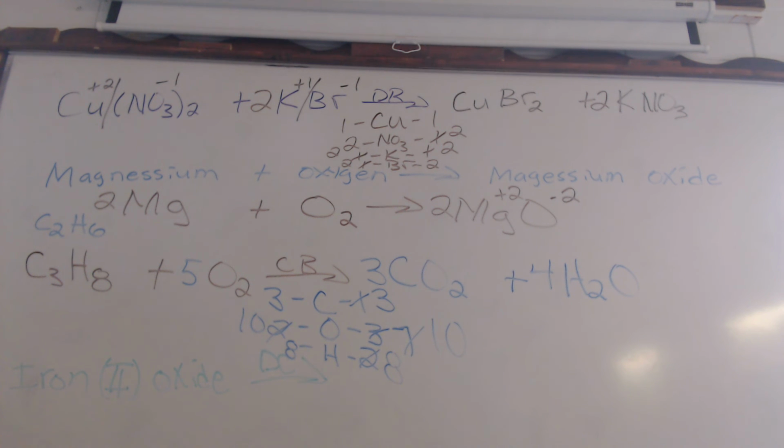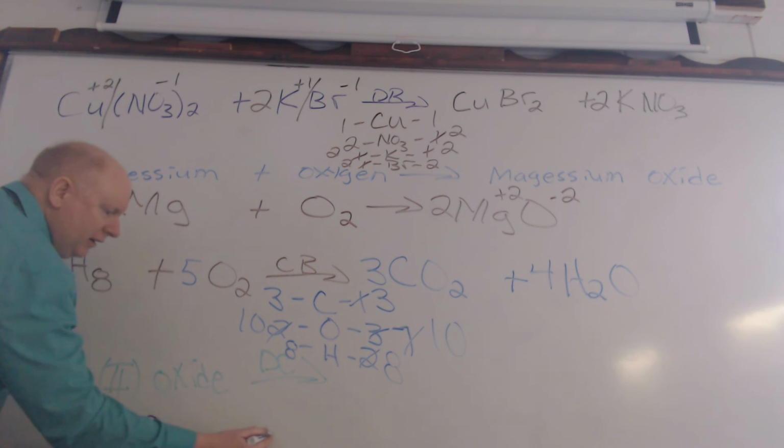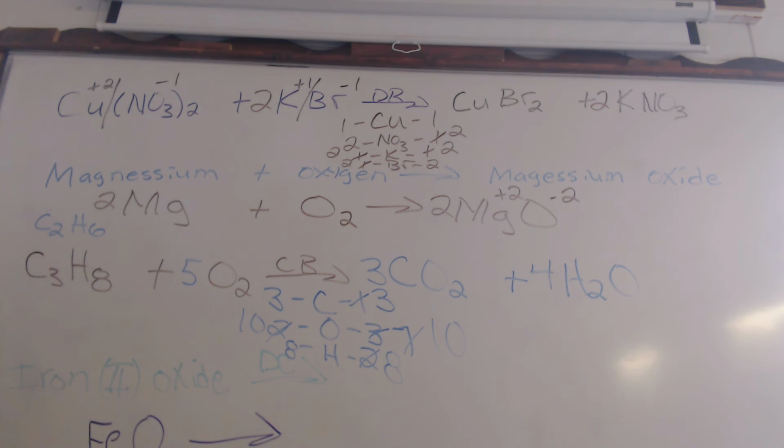So what that means is we need to write this out. What is the formula for iron 2 oxide? Iron is, okay, what's oxide? So what happens when things decompose? They split apart.